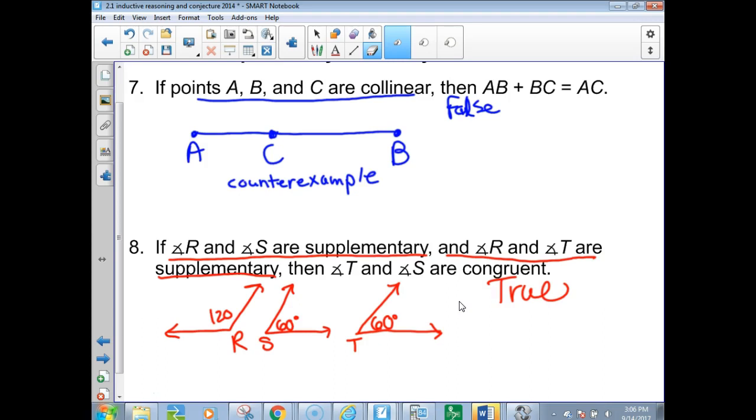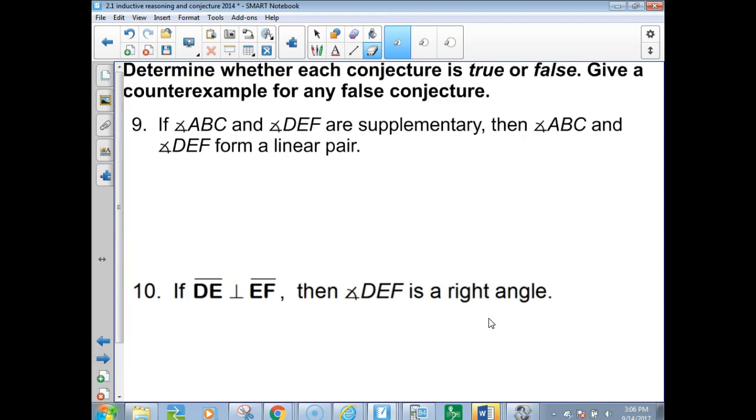Okay, we don't have a counterexample. All right, that statement, do you see how I cannot even make this statement be false because of what the beginning part said? All right, let's try another. It just takes a little bit of practice to start to see what you're trying to do.